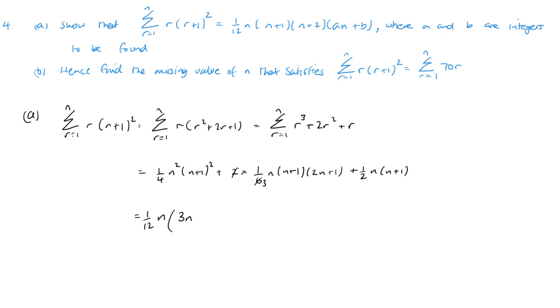So 3n, and then n plus 1 squared is n squared plus 2n plus 1. And I've taken a third out, so that is going to be 4. Obviously no n this time, and we've got this to expand, so 2n squared.